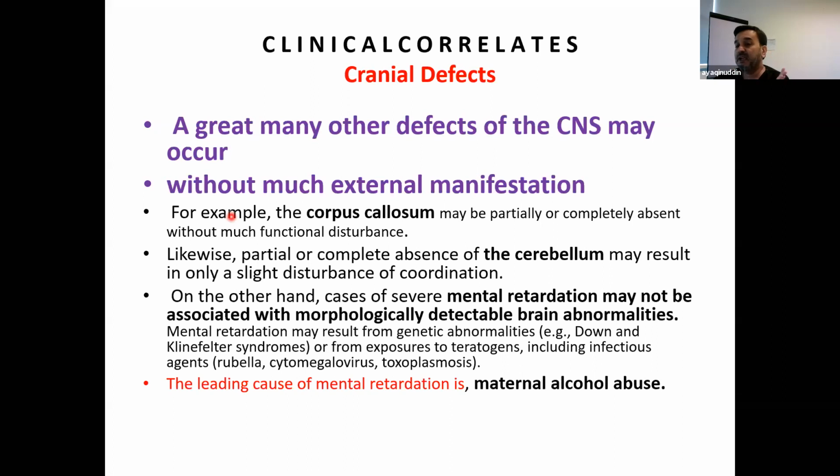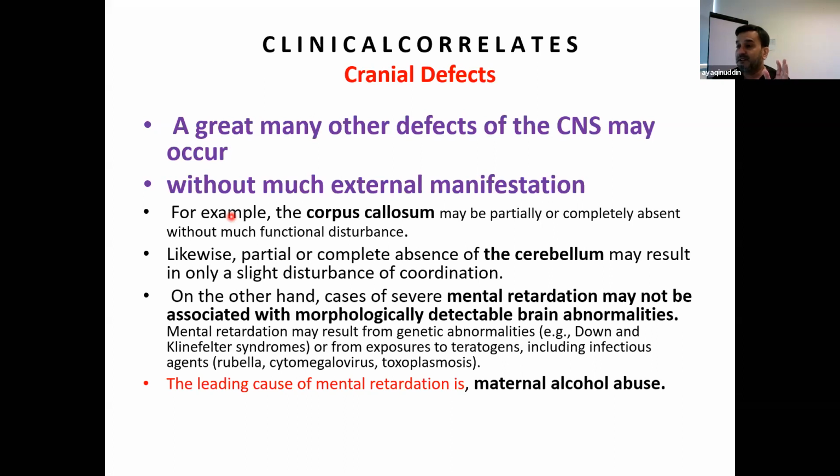On the other hand, you may find that the corpus callosum is completely absent, or a complete absence of the cerebellum, and you would still find very little gross abnormality in terms of the motor sensory system or intellectual ability.